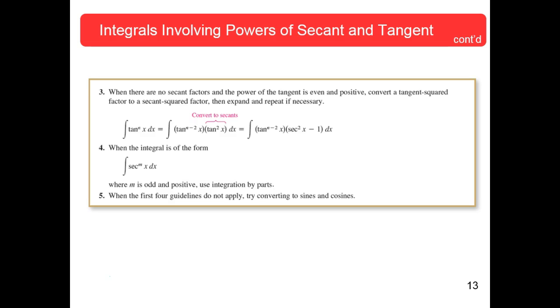Now this one, when the integral is of the form secant mx, where m is odd and positive, that didn't fit anything that we had before. No, I'm sorry. They're right. Derivative of tangent is secant squared. I was doing it backwards. Sorry about that. So that statement is true there, but how does that help you do anything?